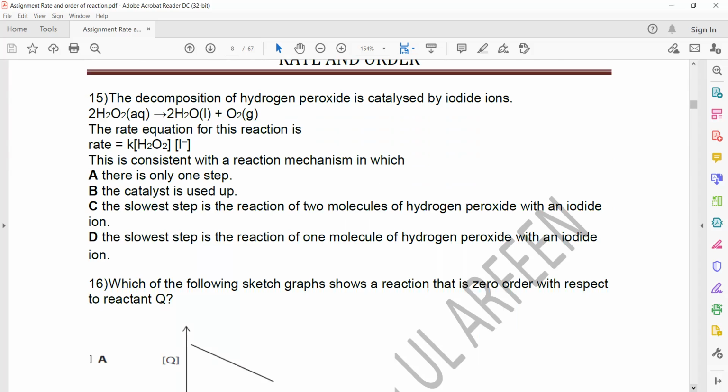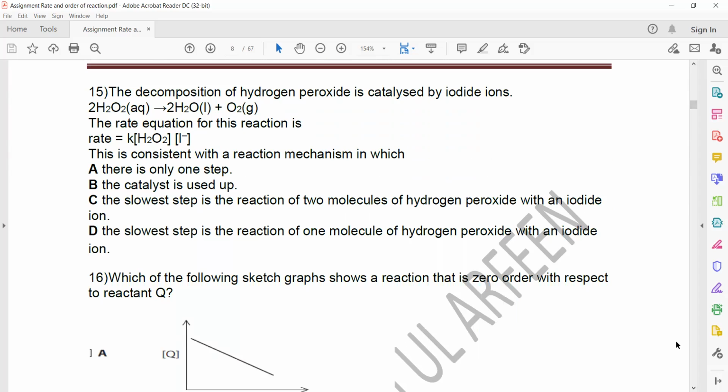Question 15. The decomposition of hydrogen peroxide is catalyzed by iodide. You can clearly see the original overall equation and the rate equation. The overall equation does not involve iodide, but the rate equation involves iodide. So what can we say about this?